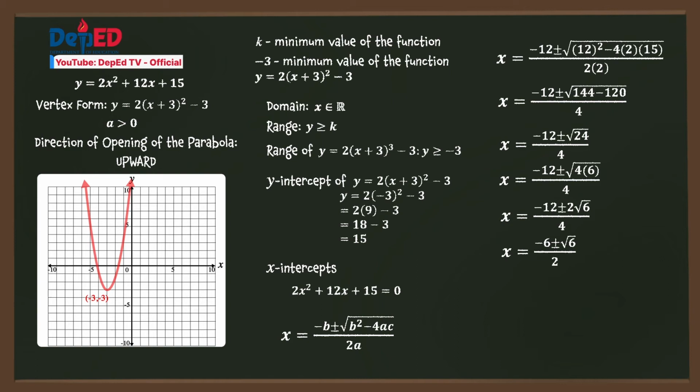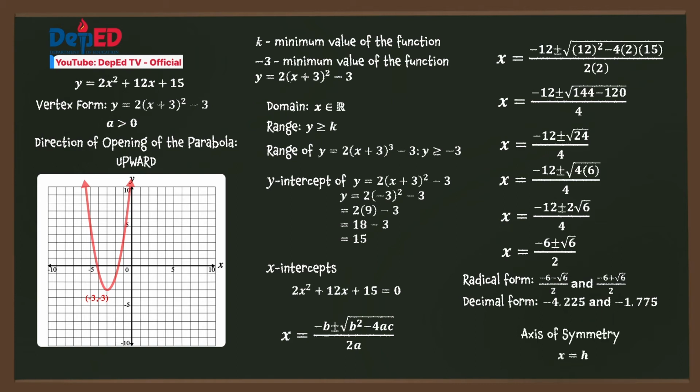the intercepts are written as (-6 minus the square root of 6) all over 2 and (-6 plus the square root of 6) all over 2. When renamed as decimals, rounded off to the nearest thousandths, these are approximately equal to -4.225 and -1.775 respectively.